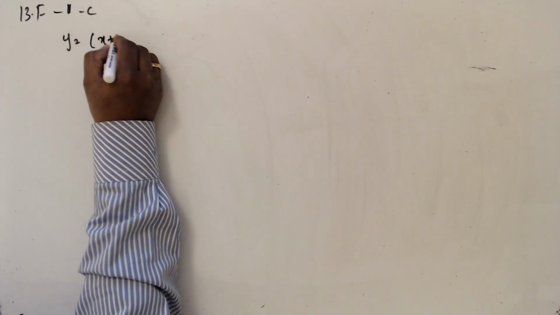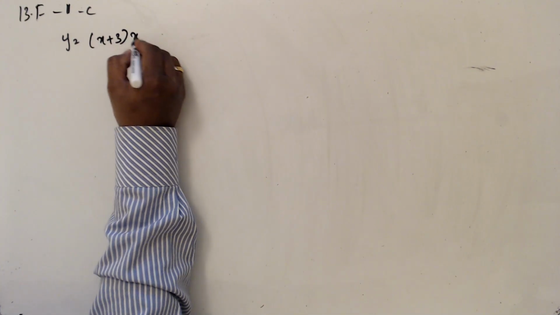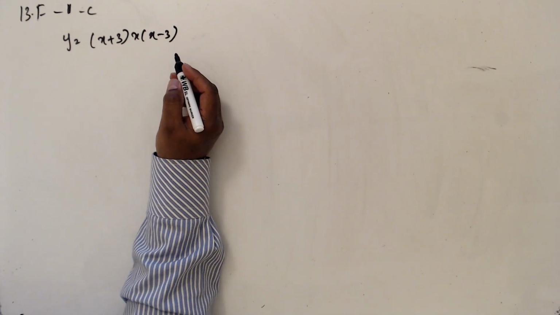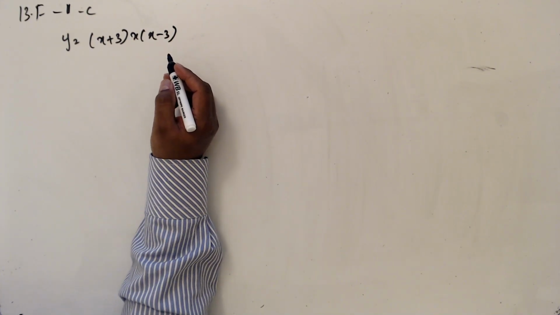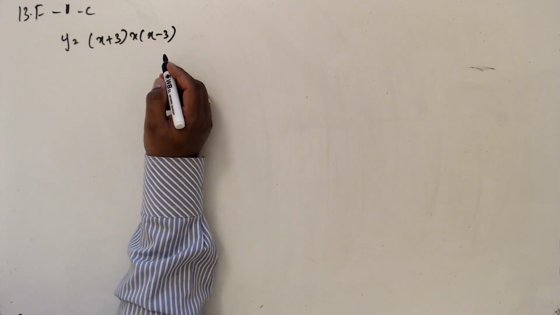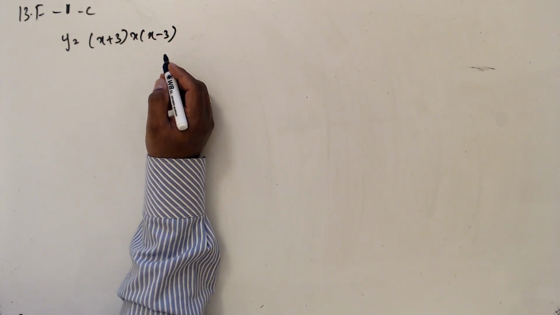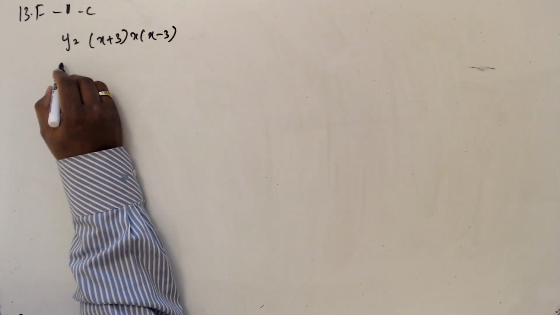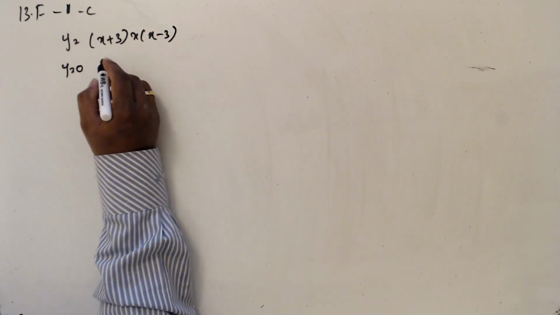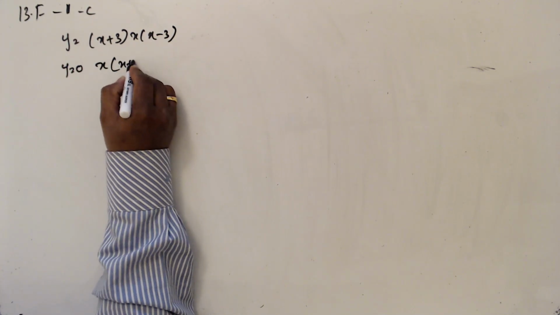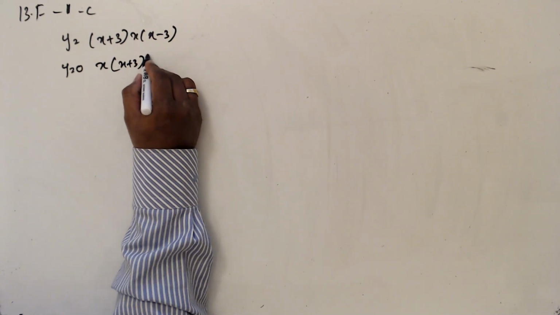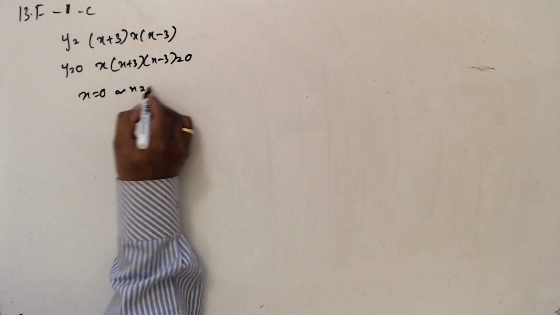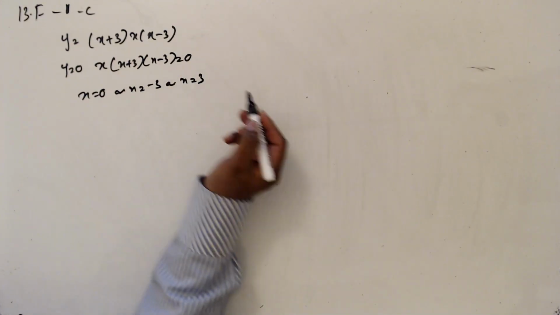y equals x plus 3, x minus 3, and when y equals 0, x plus 3, x minus 3 equals 0, x equals 0, or x equals minus 3, or x equals 3.